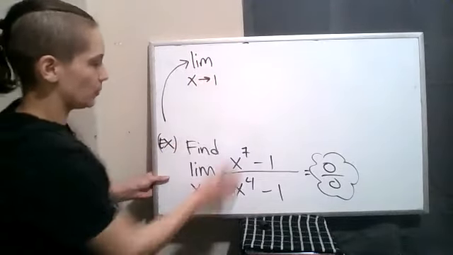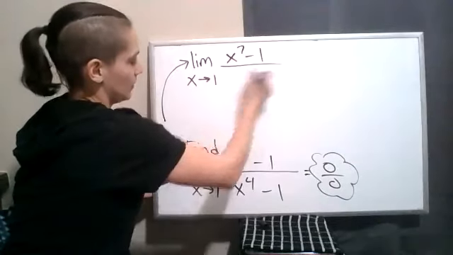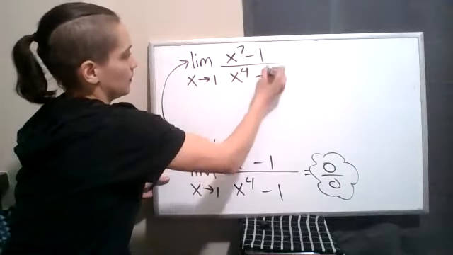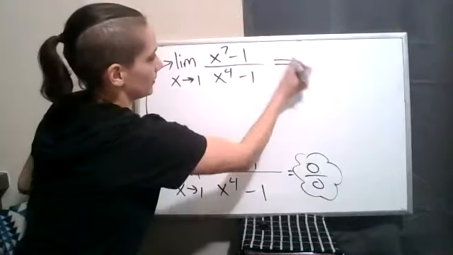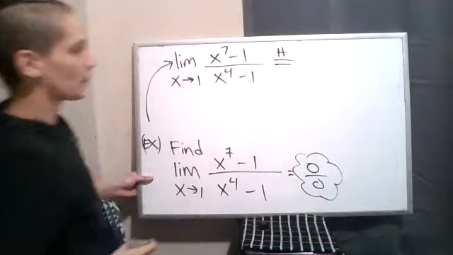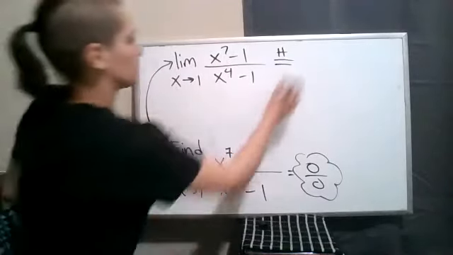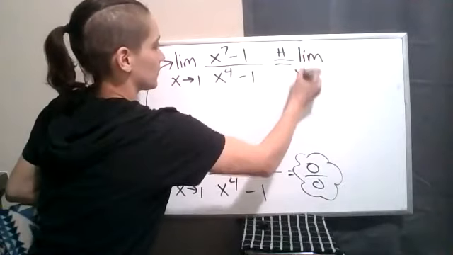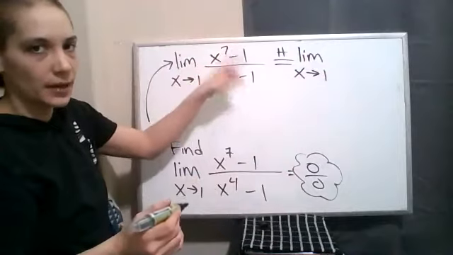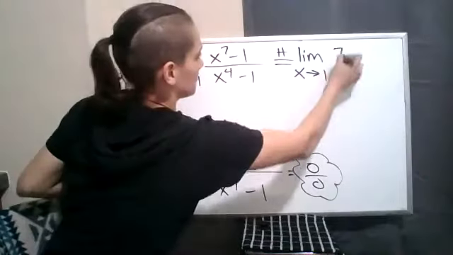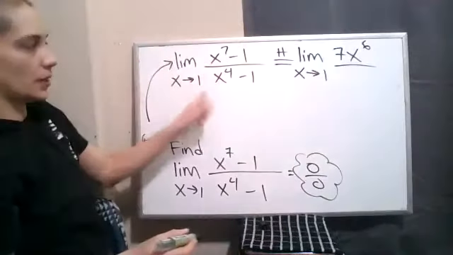Okay, so take this limit. Apply L'Hopital's rule. Put a little h to say that we've done the rule. We still have that limit as x goes to 1 of 7x to the 6th minus 0 over 4x cubed.